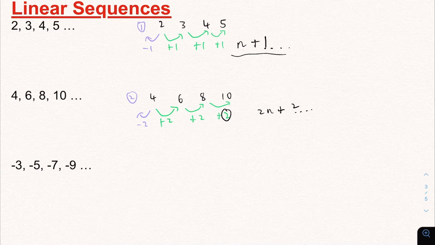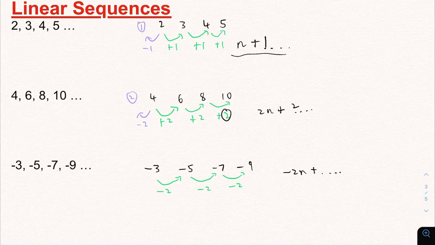Alright, this third one, you do the same thing again. The sequence is minus 3, minus 5, minus 7, minus 9. What can you see here? To get to negative 5 from negative 3, you subtract 2. Then negative 5 to negative 7, you subtract 2 again. And from negative 7 to negative 9, you subtract 2 again. That means it would be negative 2n plus something.